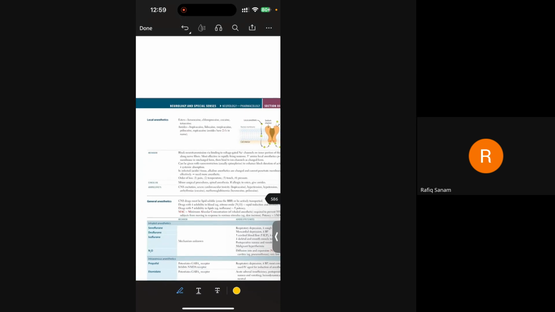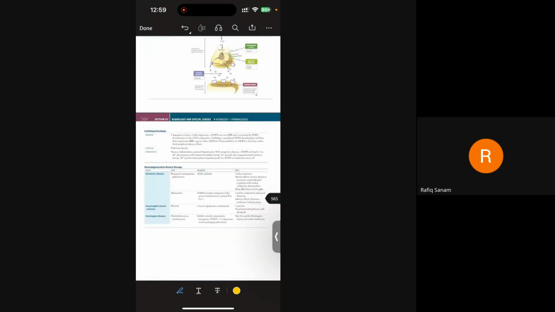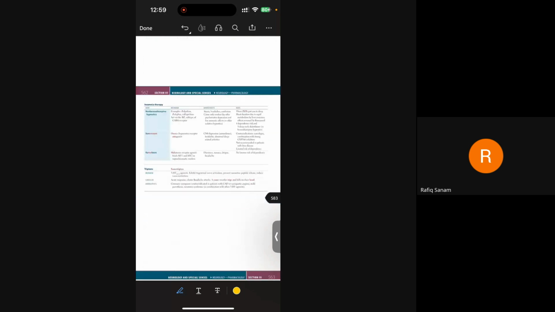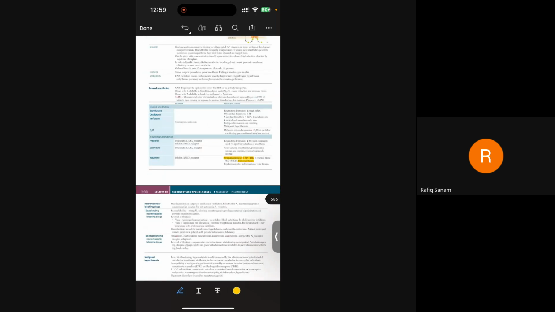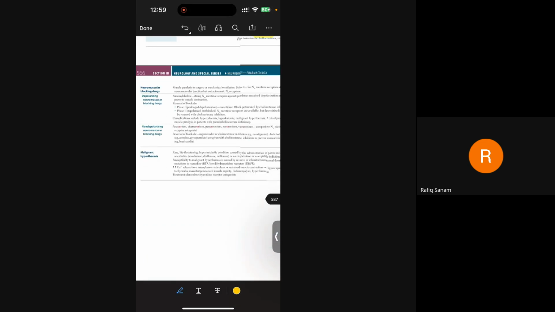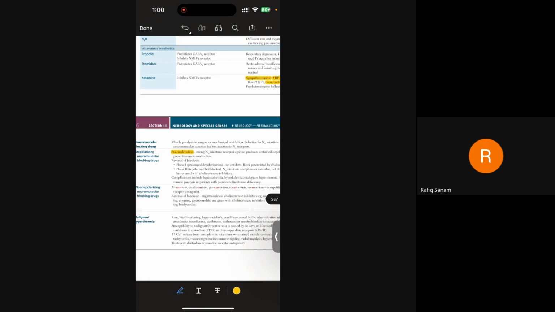These are local anesthetics. These are not depolarizing. Here it is. The depolarizing neuromuscular junction blocker is succinylcholine. And the non-depolarizing ones are atracurium, cisatracurium, rocuronium, and vecuronium.